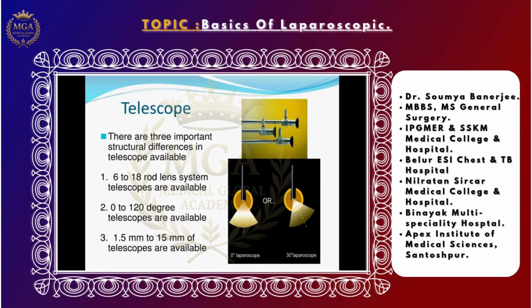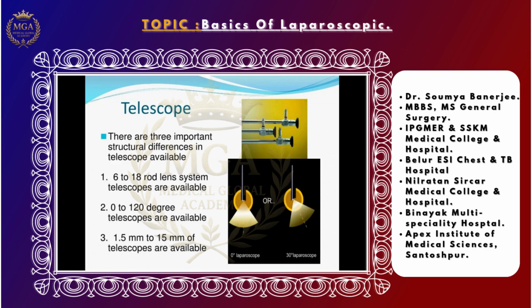Now, 6 to 18 rod lens system telescopes are available, and nowadays 0 to 120 degree telescopes are there. You can see that in the case of 0 degree it is flat, but a 30 degree lens creates a 30 degree angulation with the axis of the telescope, right?